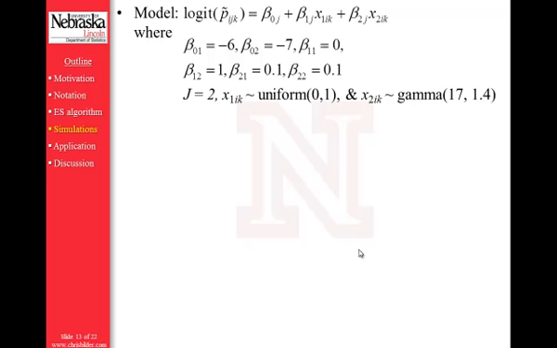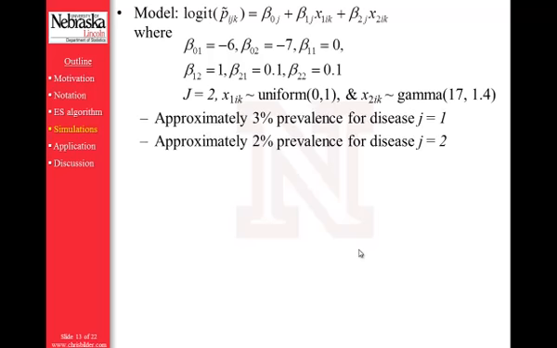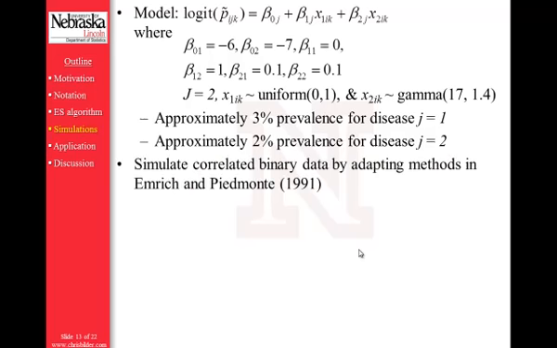One has a uniform distribution, one has a gamma distribution. We have a set of betas also that we're going to be working with. The main purpose of these betas and the distributions for the x's is so that we have a very low prevalence overall. So for disease 1, we have a 3% prevalence, and for disease 2, we have approximately a 2% overall prevalence, which is common in group testing settings.